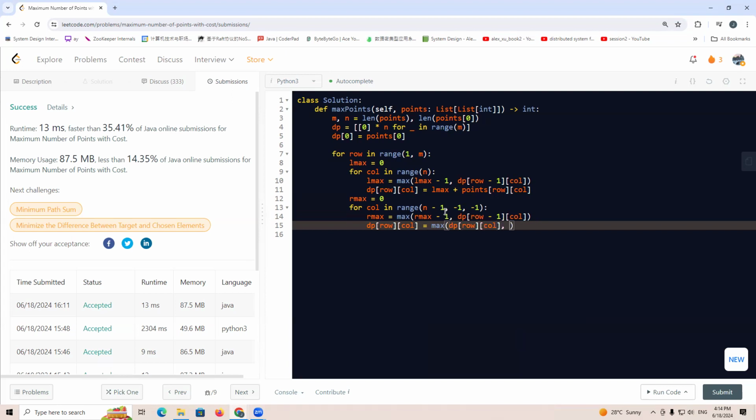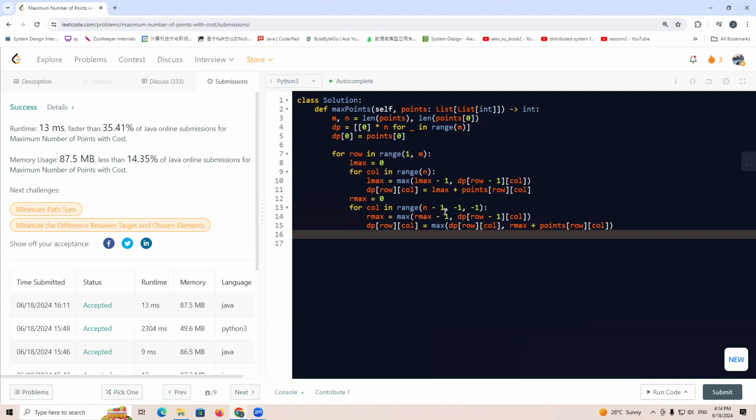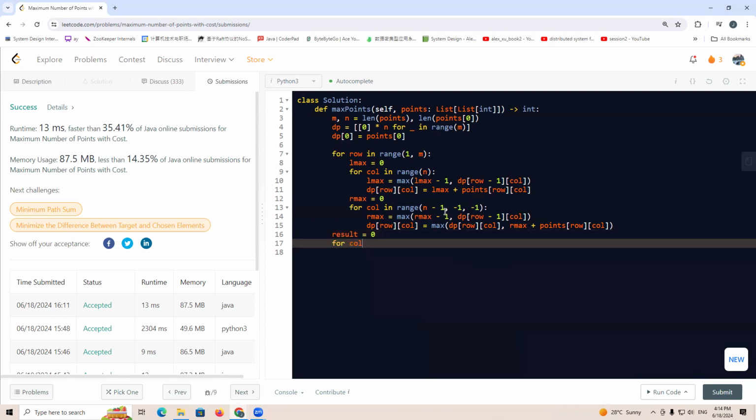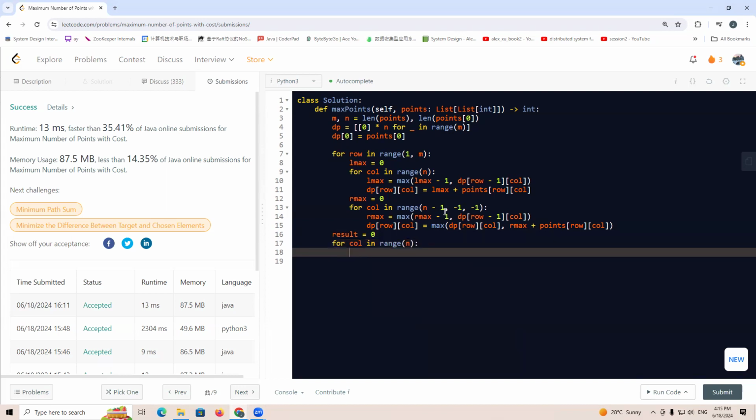And also right max plus points row column. And in the end, we just compare the last row. So result equals 0. And for column in range n, right? We're going to have result equals max of result and dp minus 1 column. And then return result.